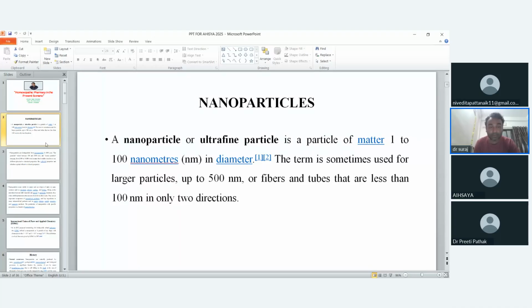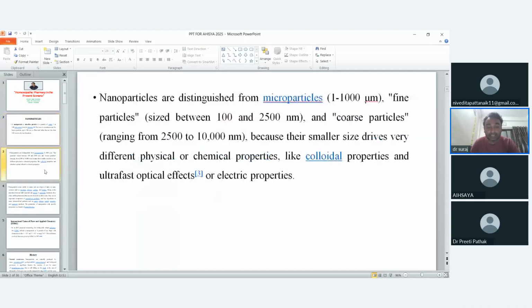When we compare the nanoparticle with the coarse particle, in coarse particles the range lies between 2500 to 10,000 nanometer.